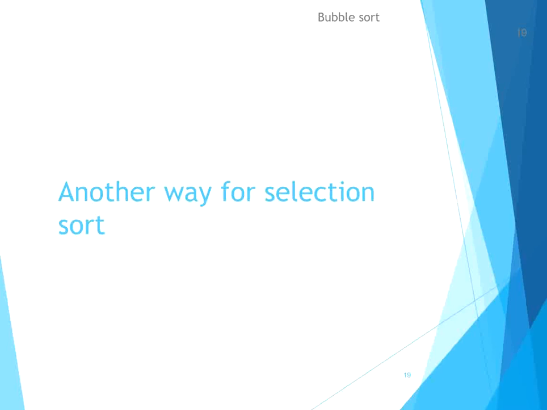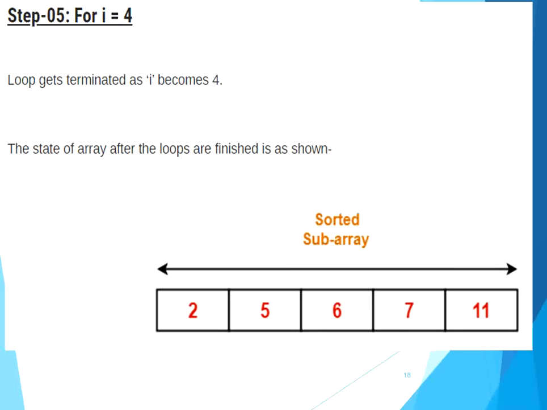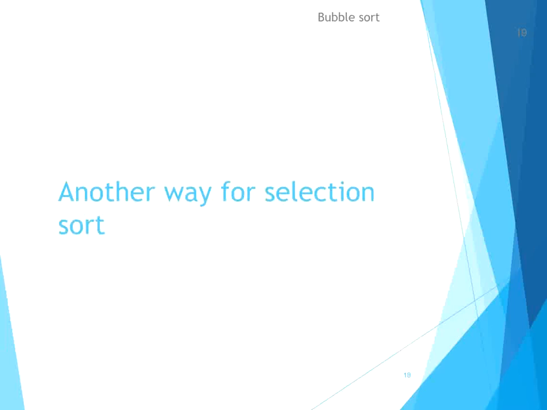There is another way of selection sort. This is the same way we have already done. In the previous algorithm, we set the minimum value, and we found the minimum value.